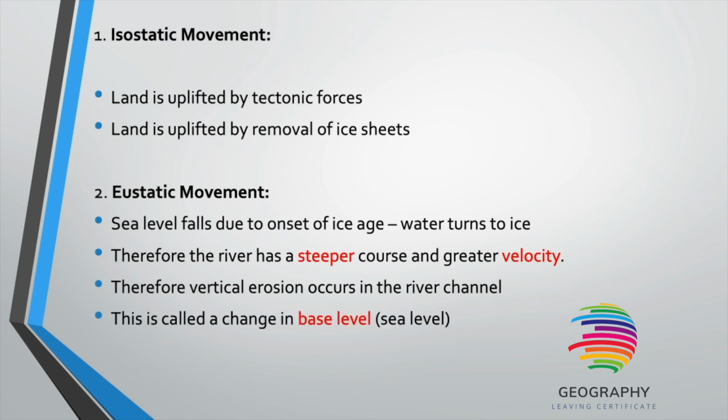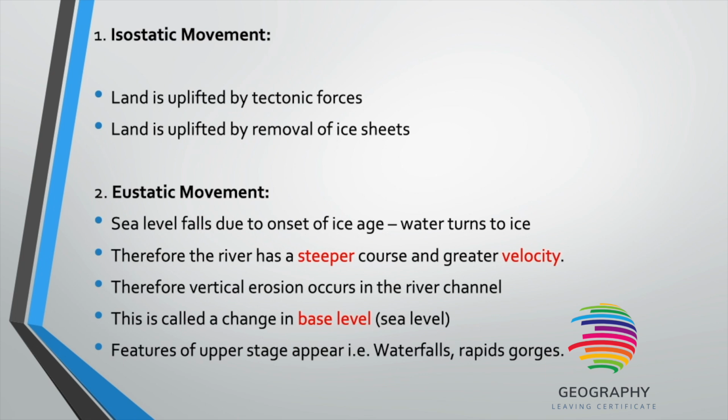If there's an ice age, for example, think of ice caps as a sponge soaking up all the water. So retreat begins to happen, and a drop in base level or sea level begins to happen. This then is known as eustatic movement. So there are two processes that cause a change in base level: isostatic movement and eustatic movement.